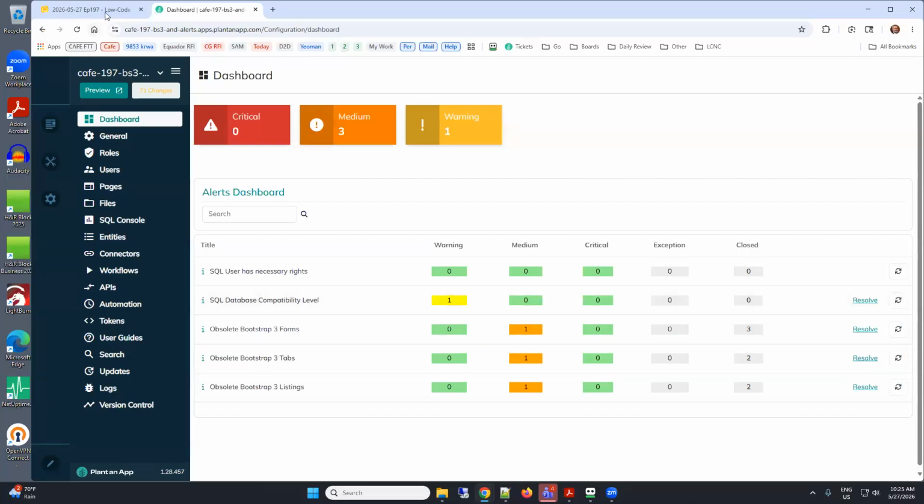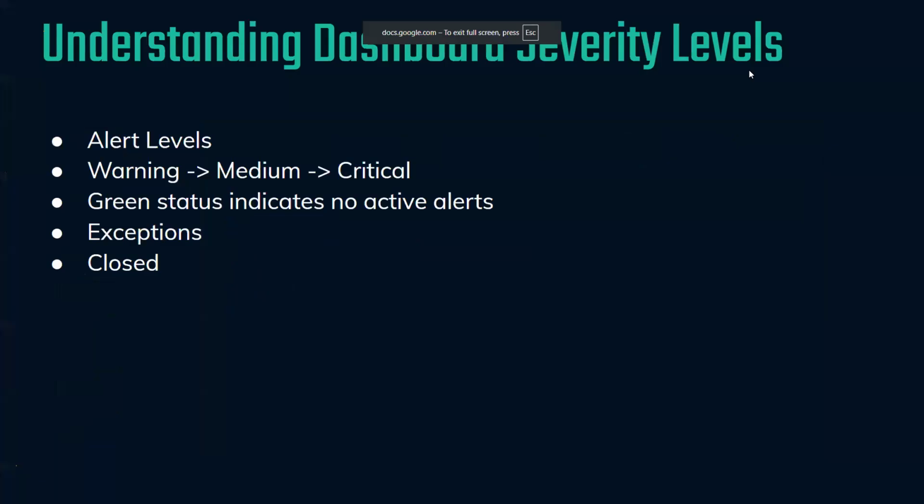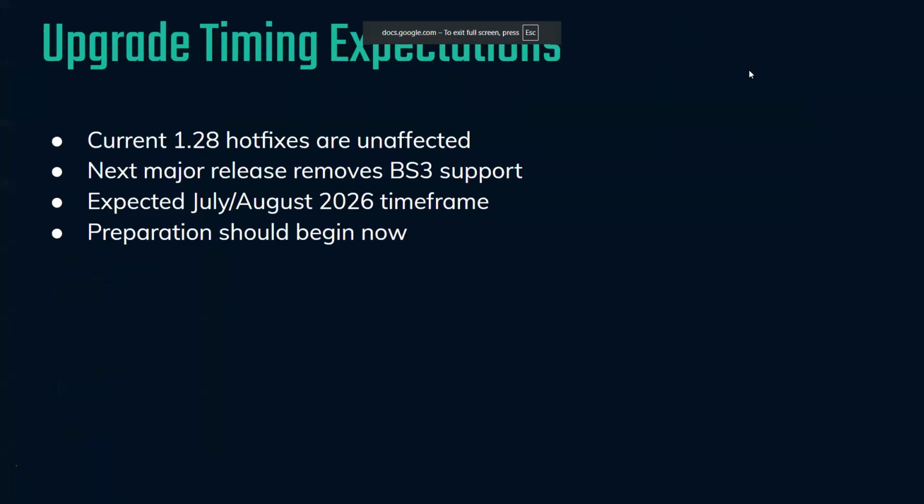All right, let's see what else we have. So I've explained these severity levels and the different columns. Upgrade timing: this Bootstrap 3 will not affect version 1.28.